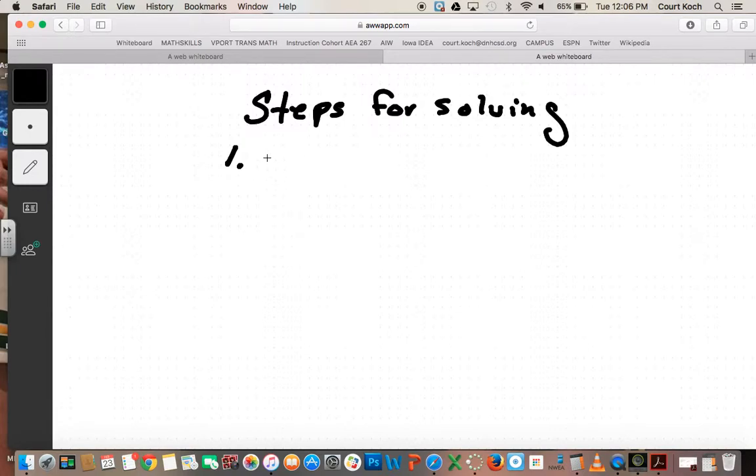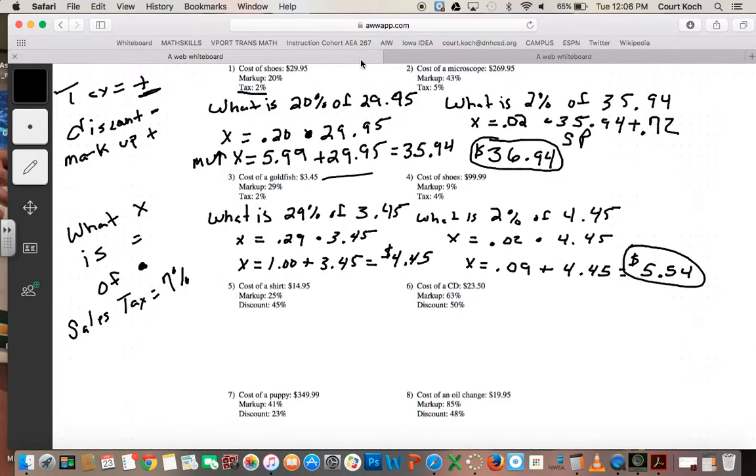Okay, my step 1 would be create a word problem. I created a word problem each time. Here's my word problem.